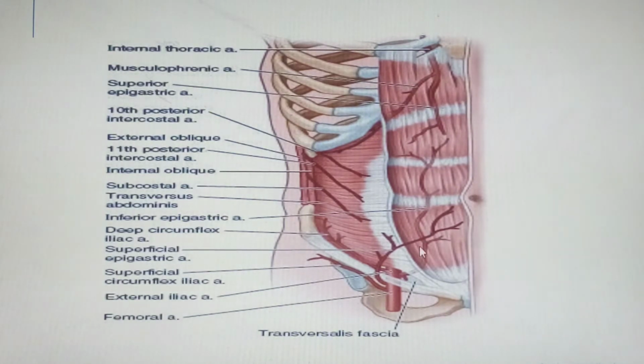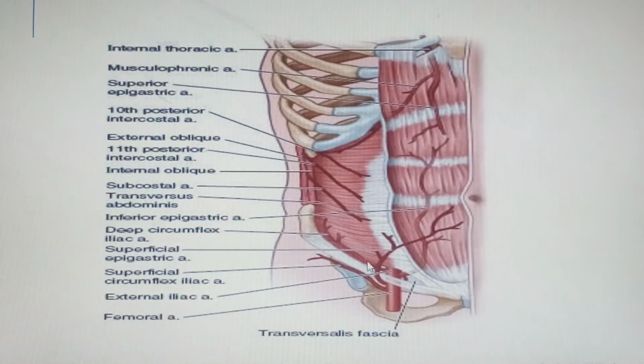Now, apart from that, there's another artery running parallel but deep to the inguinal ligament, what we call the deep circumflex iliac artery. The name tells you why we are calling it deep, because it's running deep to this ligament over here, which we call the inguinal ligament.